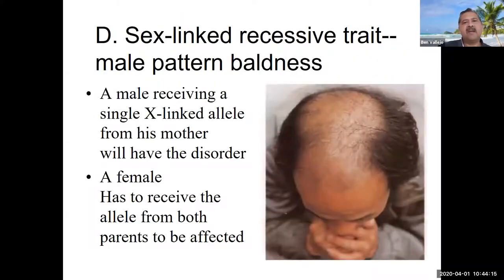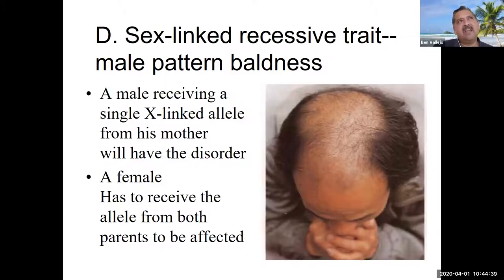But here's a guy with male pattern baldness. Remember, I mentioned if your grandpa on your mom's side was bald, then you're going to be bald. Why? Because let's follow that. Grandpa was XY. That means he gave his X with the recessive gene to your mom.